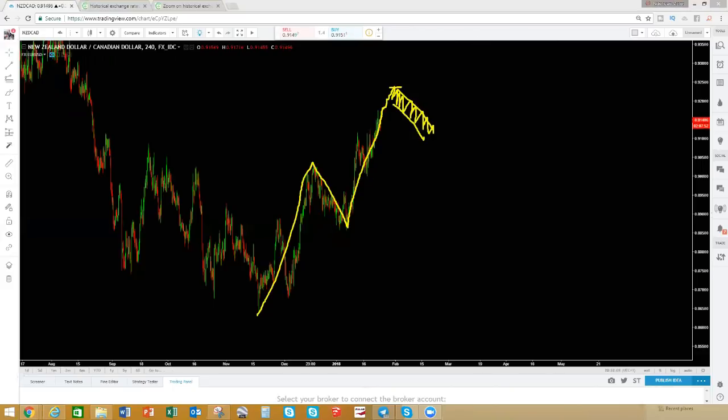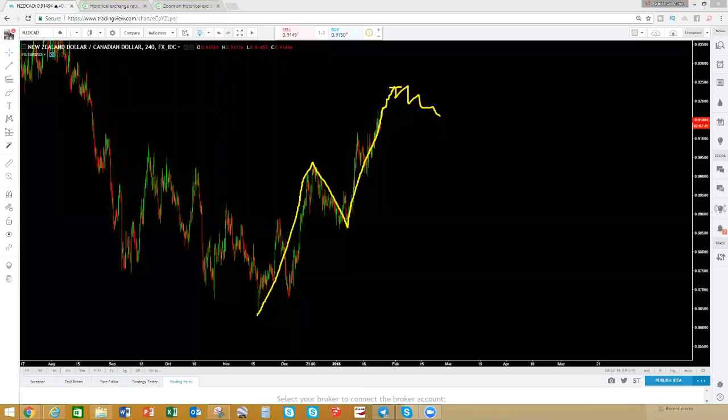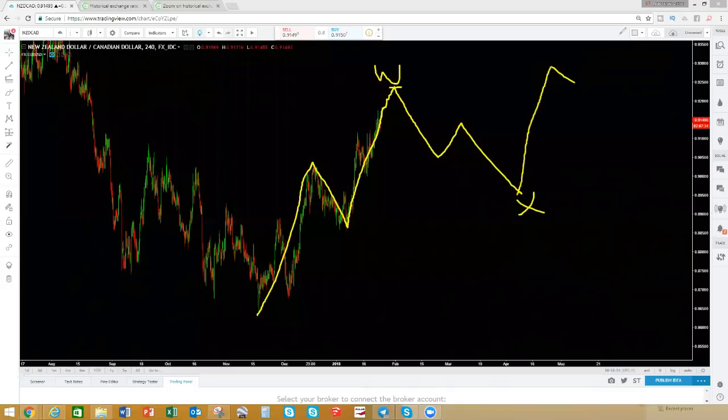I've drawn it as a corrective structure like this, but that move may not look like this. It will look something like this, a big corrective structure giving you a W and then an X, and then it starts trending. You can see that it trends in 3 waves. So if you get a big correction like this, expect a further move up.